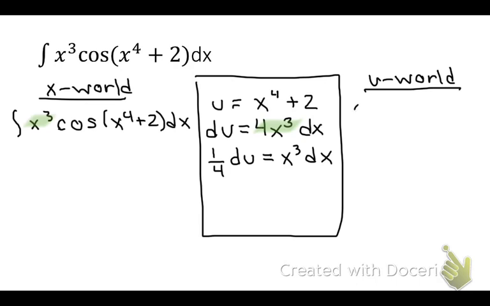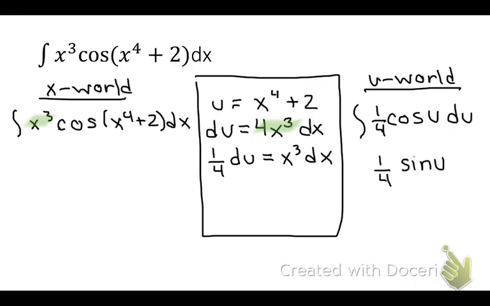So I'm going to have the integral of cosine u, and now I still need to bring my x cubed dx over, but remember my x cubed dx comes over as 1/4 du. So now we need to take the integral of 1/4 cosine u du, which is going to give me 1/4 sine u.